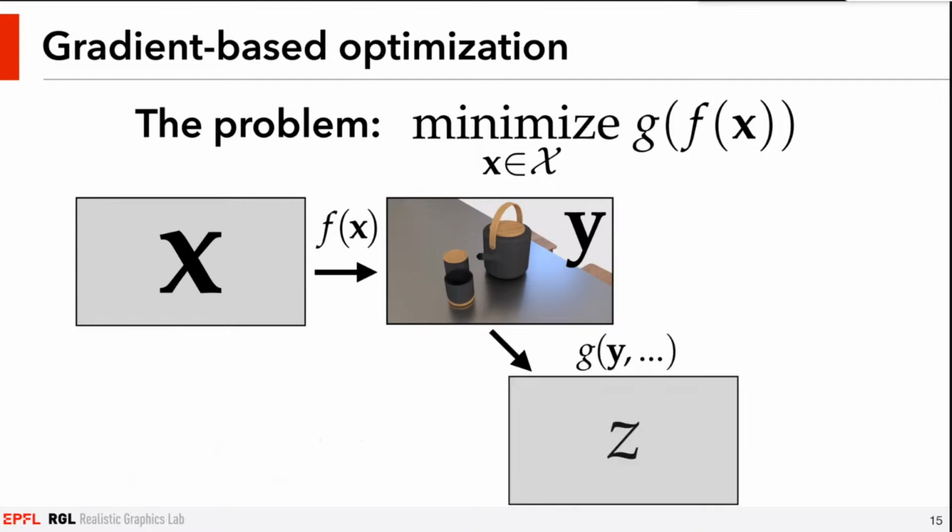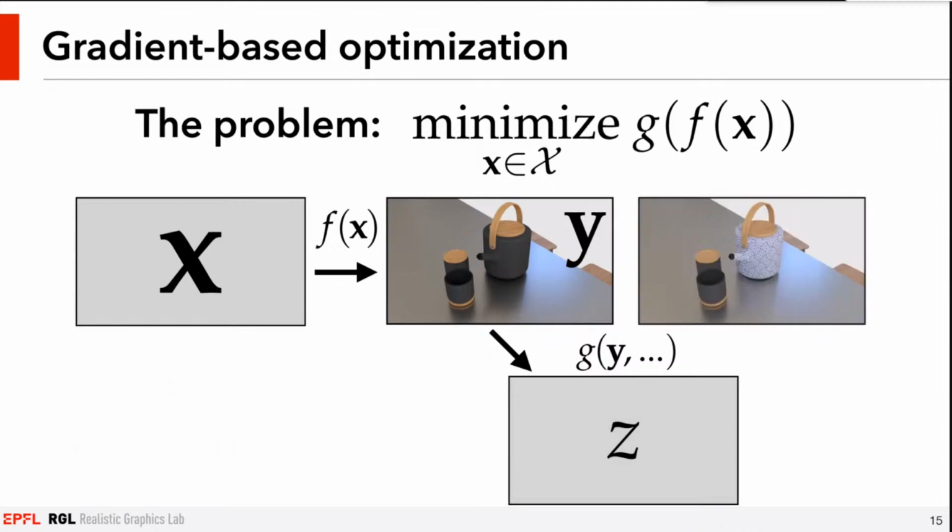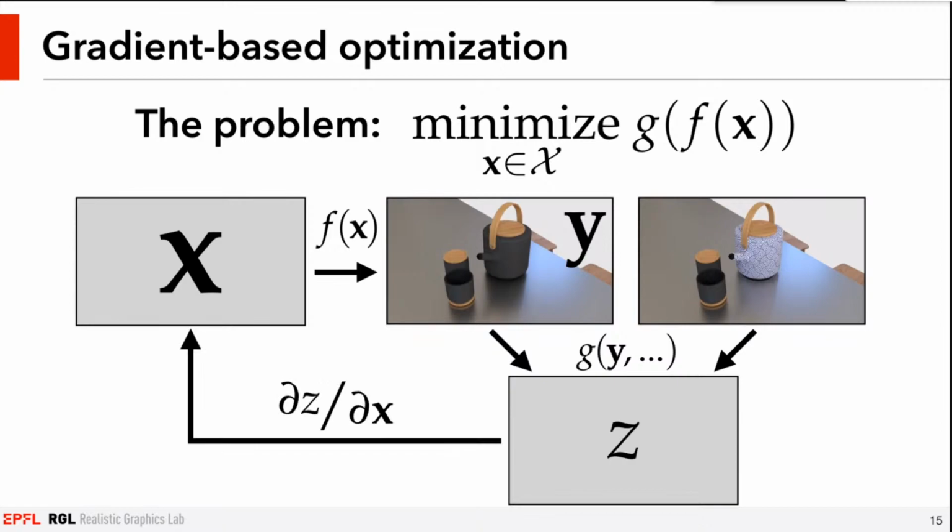Now this gets plugged into an objective function, and this objective function provides just one number at the end. That's called z. So this is one number that quantifies the quality of the current solution. This objective function maybe also makes use of some reference, and then we can run gradient descent to optimize this minimization problem. And that's basically one of the key things that makes this possible.